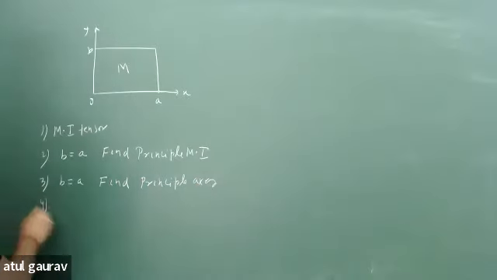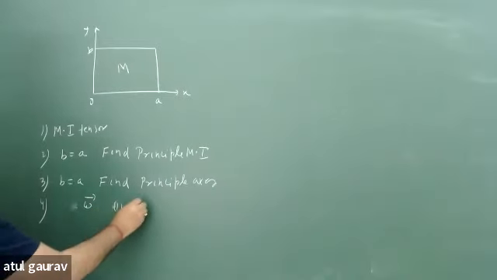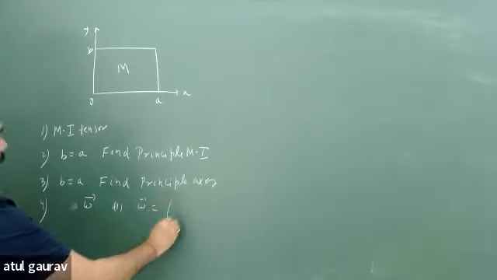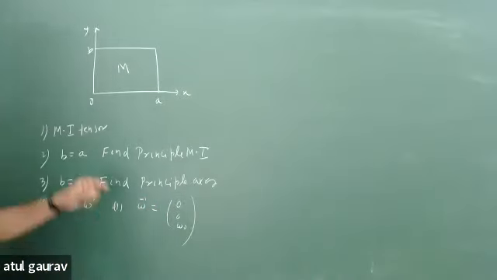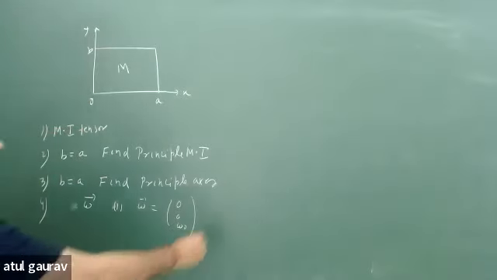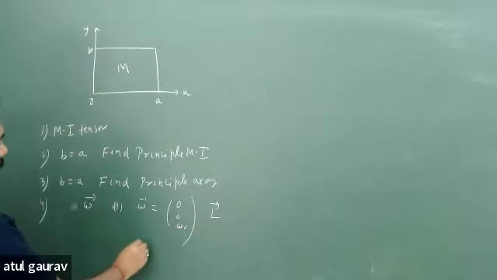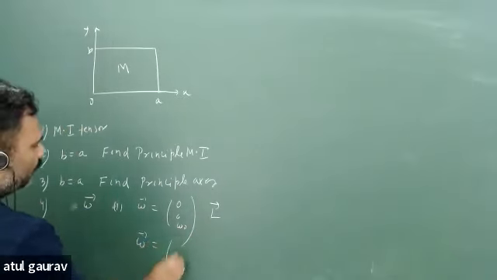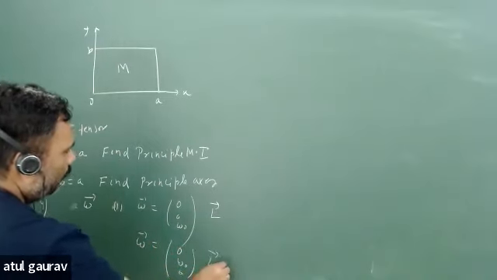And fourth, if the omega vector is given by, in case 1, 0, 0, omega naught, that means we are rotating about the z-axis, and here is the origin, so it is rotating something like this. Then what will be the angular momentum? And if omega is 0, omega naught, 0, what will be the angular momentum?